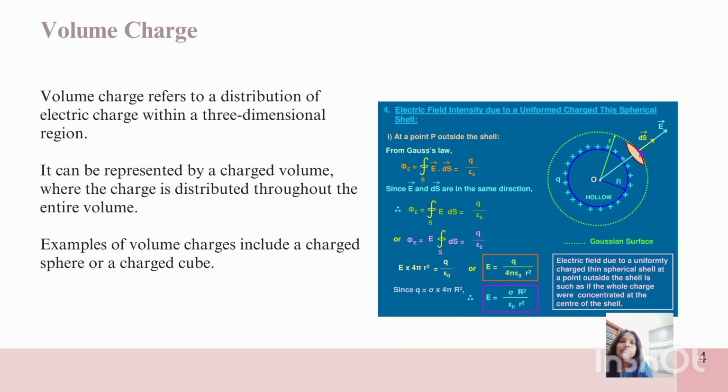The net electric field of both the line charges is E = E positive plus E negative, which is rho by 2 pi epsilon naught r plus rho by 2 pi epsilon naught r. As both fields are in the same direction, E = rho by pi epsilon naught r.